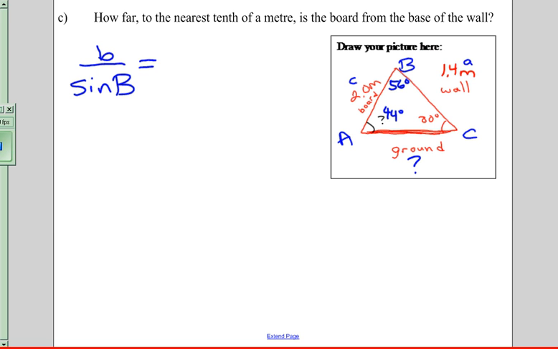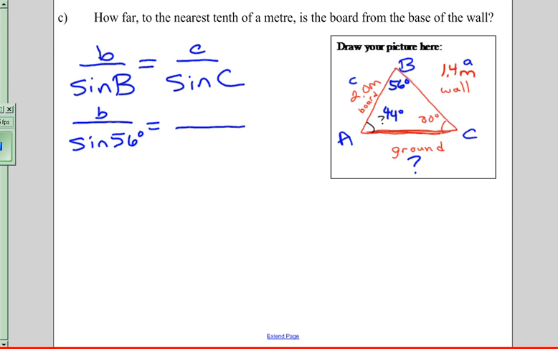So just in case we made a mistake calculating that, it's safer to choose the information that was given in the question. So I'm using the red information in the picture because it was given, and that way my calculations will not interfere. Side B, we're looking for the sine of 56 degrees. Side C is 2, and the sine of 80 degrees.